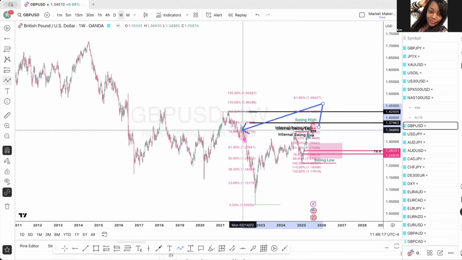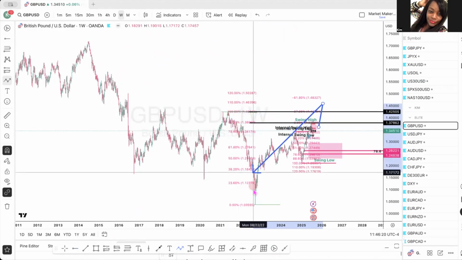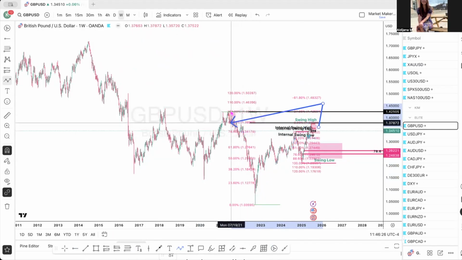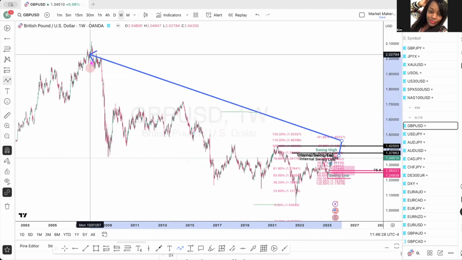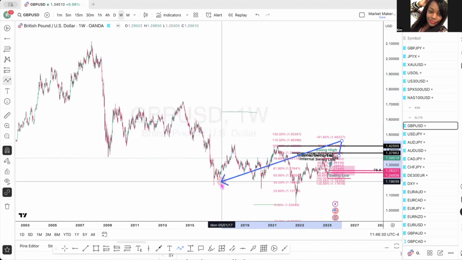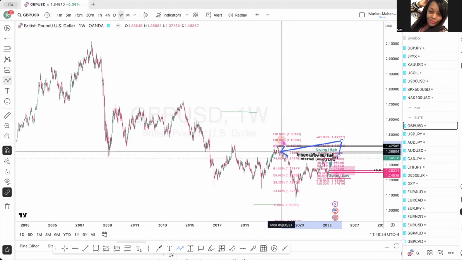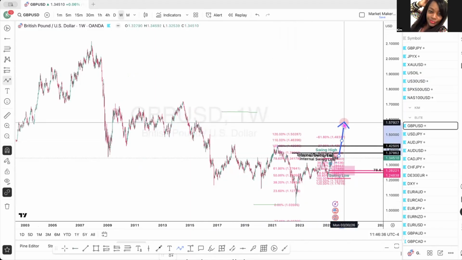I don't even want to say higher time frame structure, from this bearish structure. Let me say it that way, right? Because price sold, it pulled back, it sold, it pulled back, it sold, and now it has shifted structure.